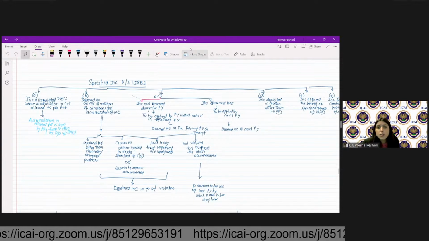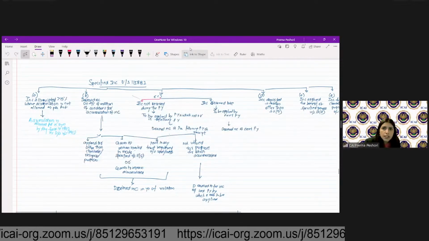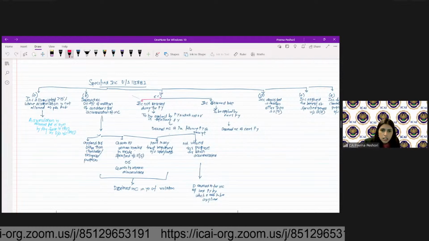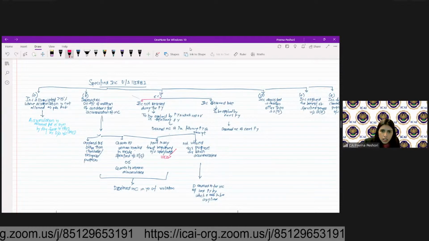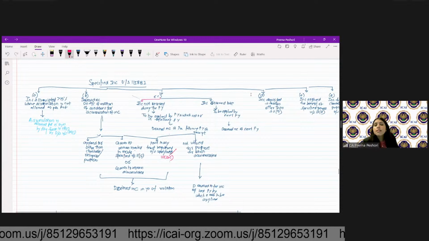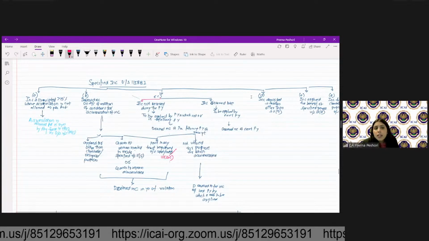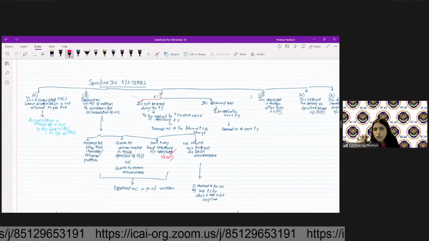Then in all these situations, here you should also write 10(23C). It will be considered as deemed income in the year of violation.